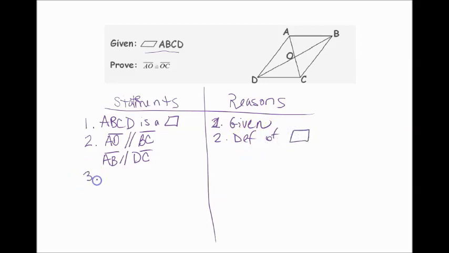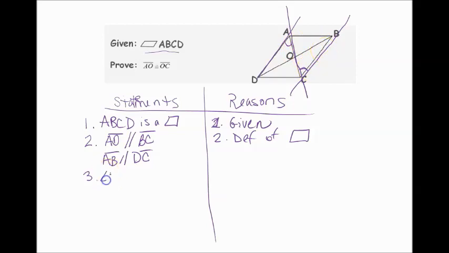Next. I'm looking at this, and let's just start with the AD and BC part. I can see that if I do this, I have two parallel lines cut by a transversal, and that would make this angle and this angle congruent because of the alternate interior angles theorem. So I'm going to state that because I'm trying, once again, remember, to get these two triangles congruent.